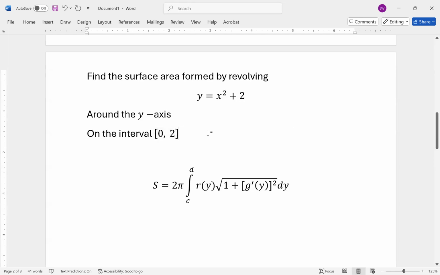Now let us not forget that this closed interval is not referring to y values, it's referring to x values. So the y values are going from 2 to 6.